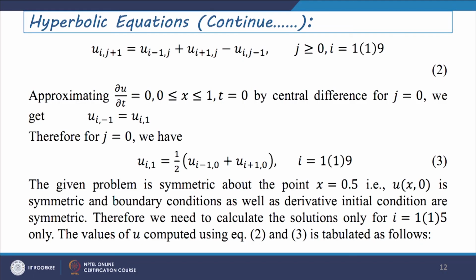And if you consider 0.25, then we get the same at 0.75, since at 0.5 it remains the same there itself. So, that is why all the symmetry exists. So, one half of this calculation, if you consider from i equals 1 to 5 here, then the other half can be taken as the same values there itself.